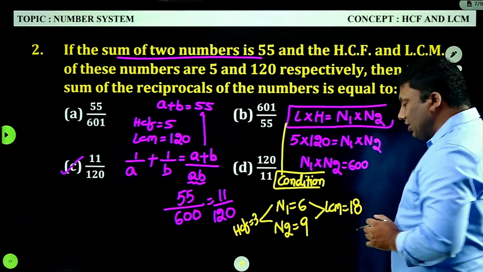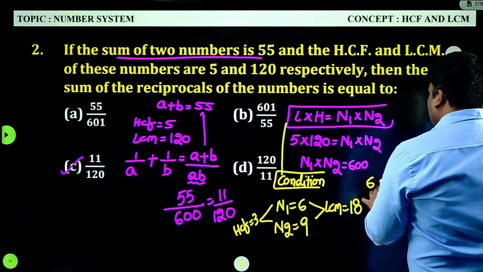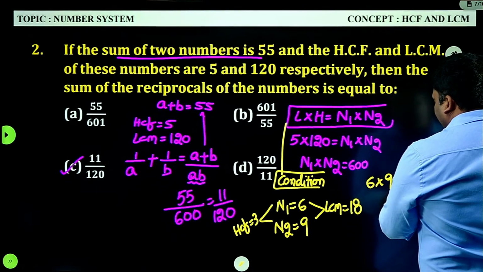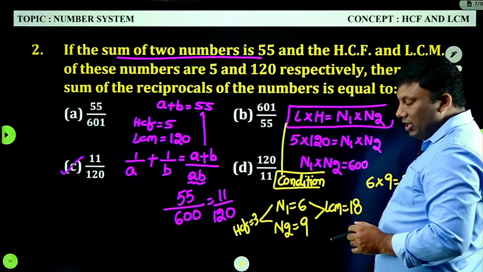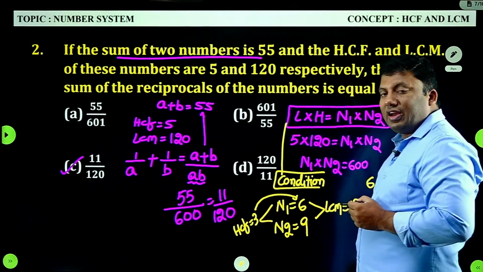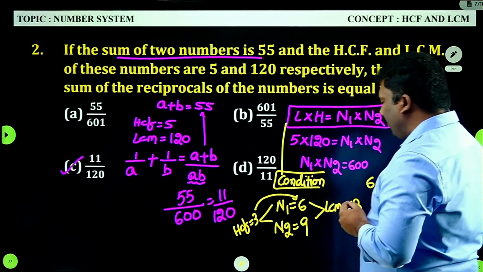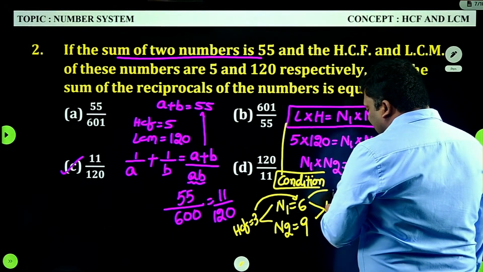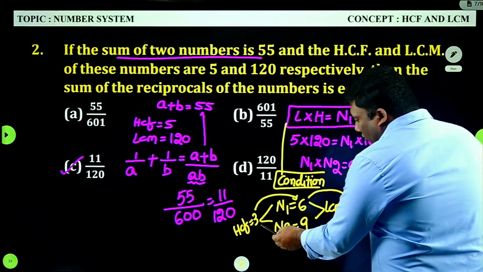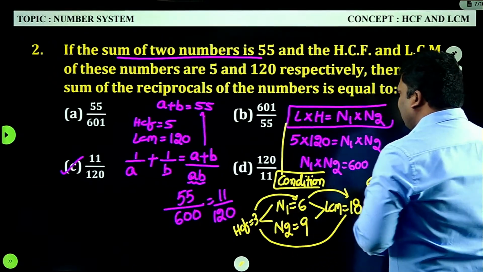So in our textbook they will write it as 6 into 9 is 3 into 18. Perfectly right. See here, 3 is a factor of the number. HCF should always be a factor of the number. The number is a factor of LCM. So HCF should be a factor of LCM.